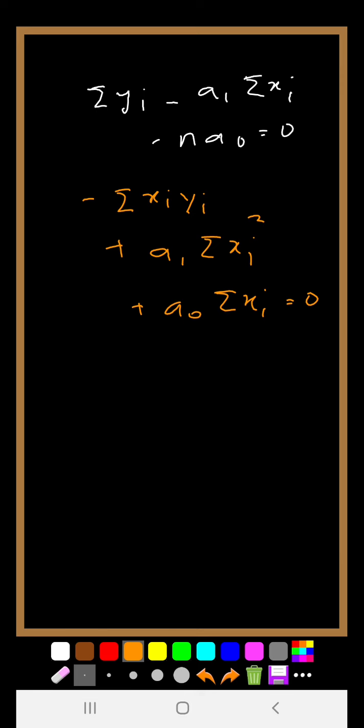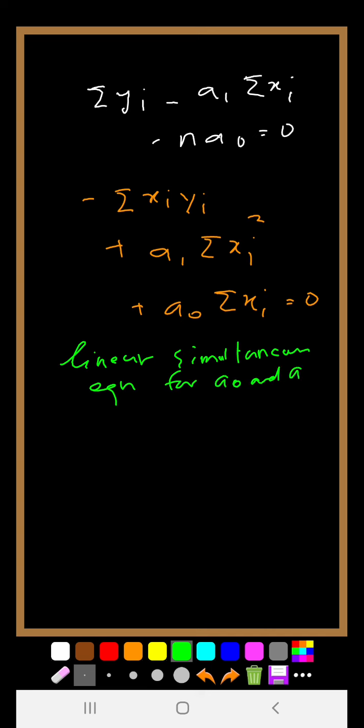Rearranging the above equations, we get the following linear simultaneous equations for a0 and a1.